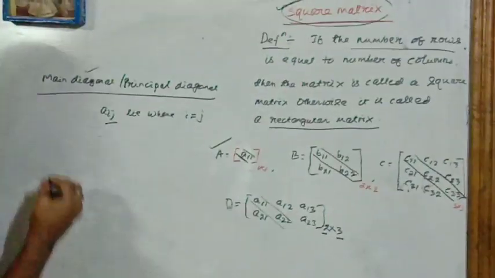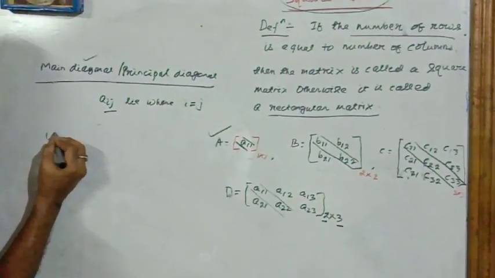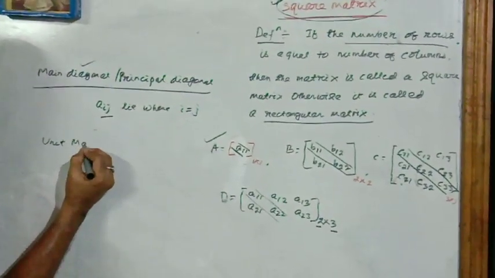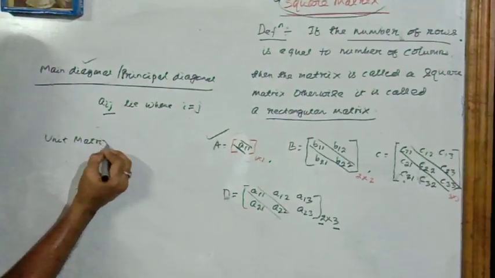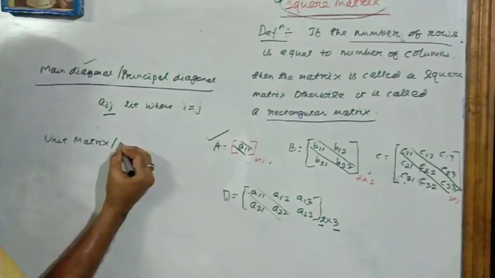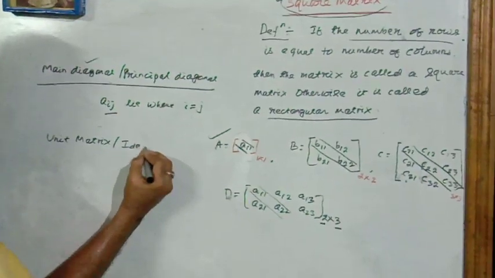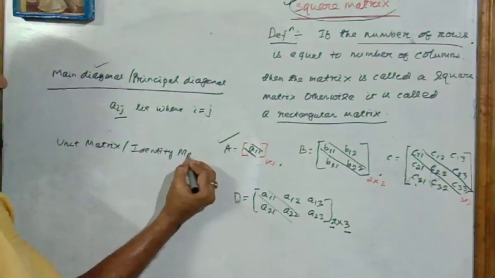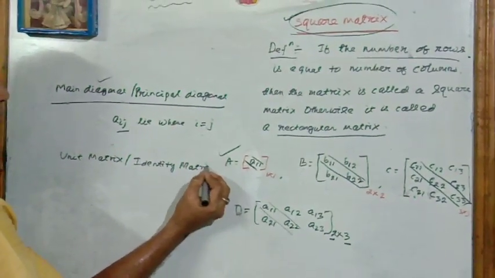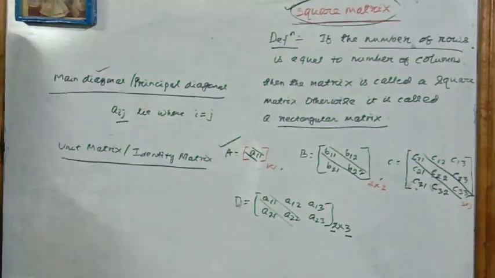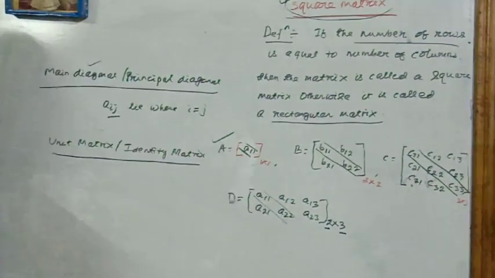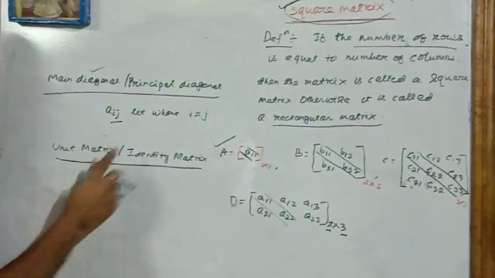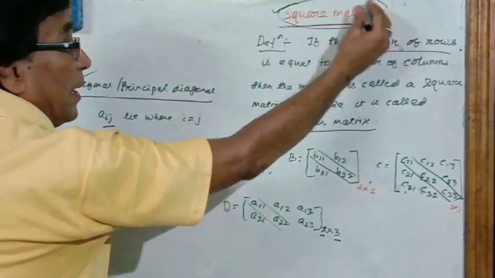Now next we will go to the definition of unit matrix, or identity matrix. So what is called unit matrix or identity matrix? Here you see that a unit matrix or identity matrix will exist only in case of a square matrix.